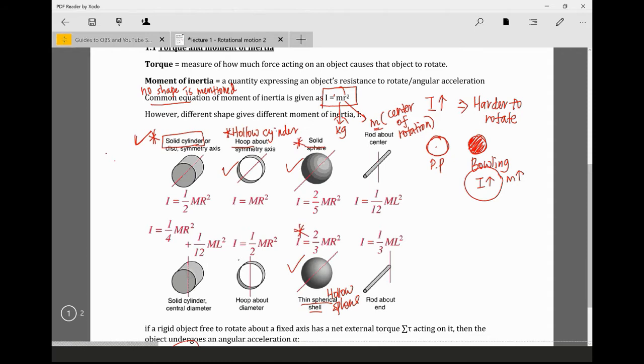So these are the four common shapes that will be asked during your exam. If the shape is given, you don't have to use I equals to mr squared to find the moment of inertia. Instead, you can just directly use the formula given in the chart. Okay?